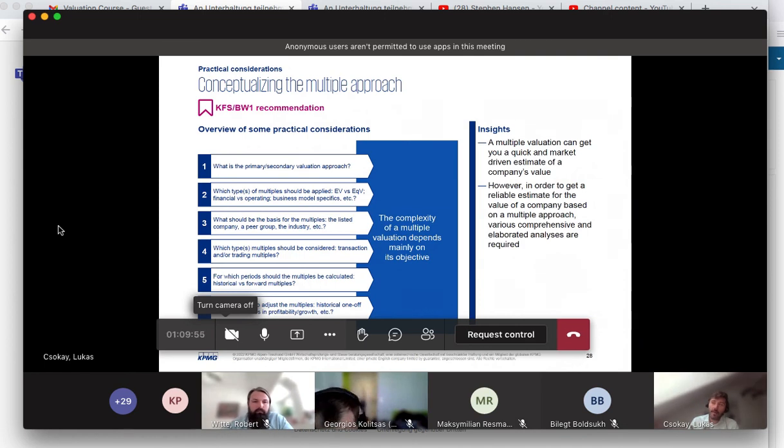If you only use multiples, on the other hand, then you would put more emphasis on really deriving proper multiples, adjusting them properly, and so on. So it really depends on what you want to do, what you have to do.